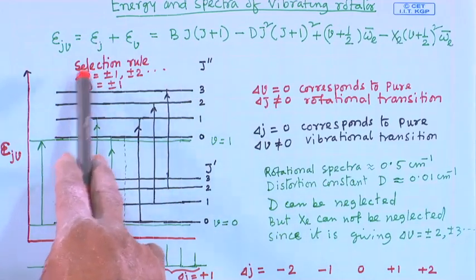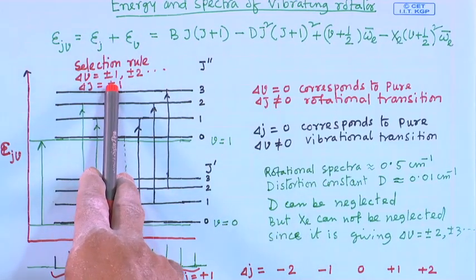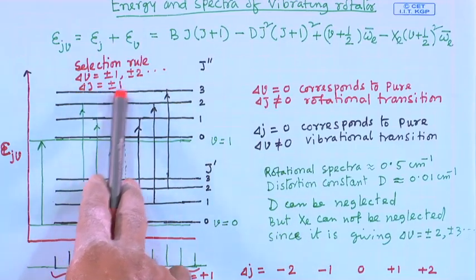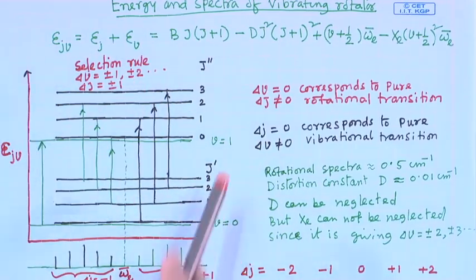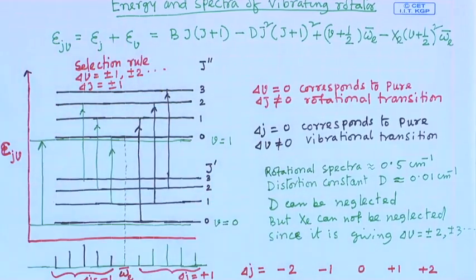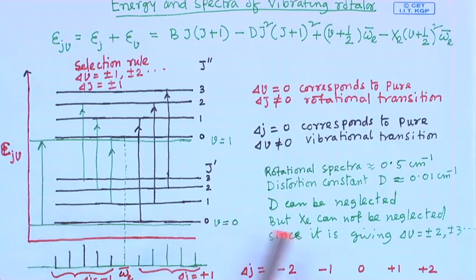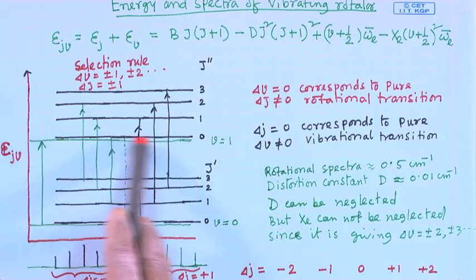So, del V equal to plus minus 1, plus minus 2, and del J equal to plus minus 1. Considering these transition rules, now here this energy E J V, and if I draw the spectral lines, for V equal to 0, this is the green line, and V equal to 1, this is the green line.